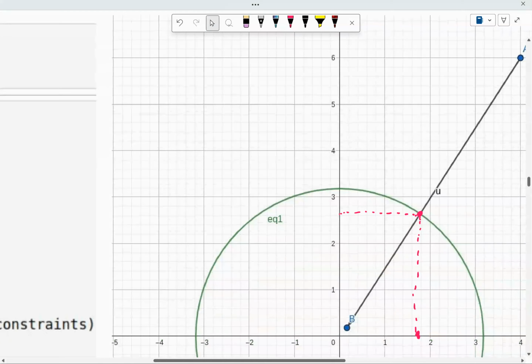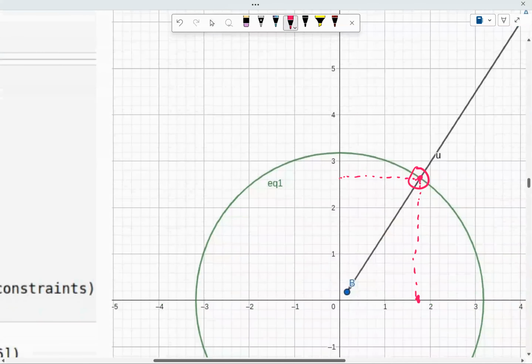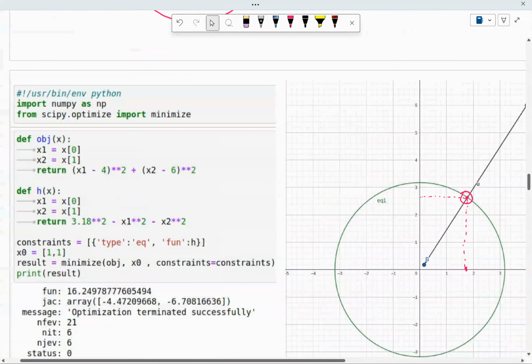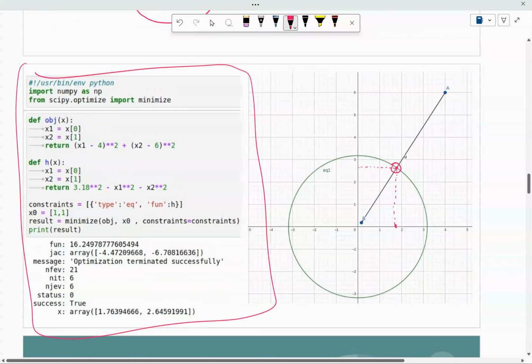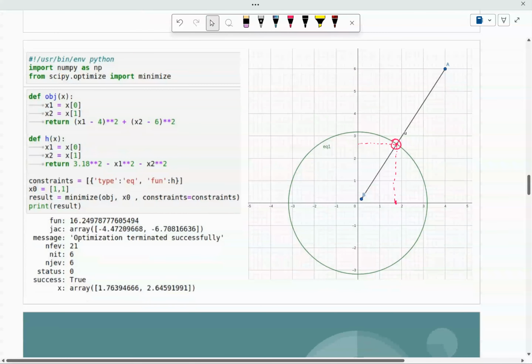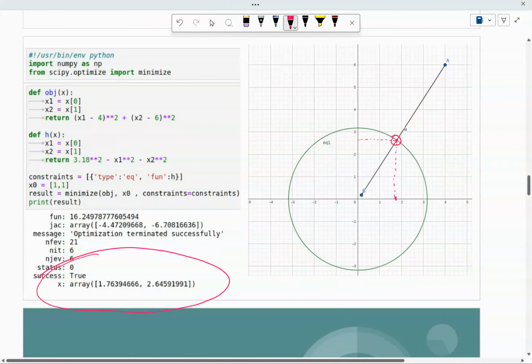Notice how we're able to find the exact location of the door. And here's the code. We've done this code multiple times by now, so I'm not going to go over the code.